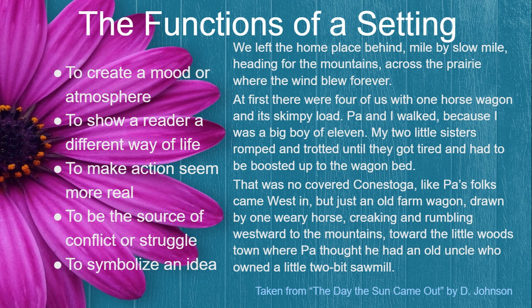That was no covered Conestoga, like Pa's folks came west in, but just an old farm wagon drawn by one weary horse creaking and rumbling westward to the mountains, toward the little woods town where Pa thought he had an old uncle who owned a little two-bit sawmill. Excerpt taken from The Day the Sun Came Out by D. Johnson.